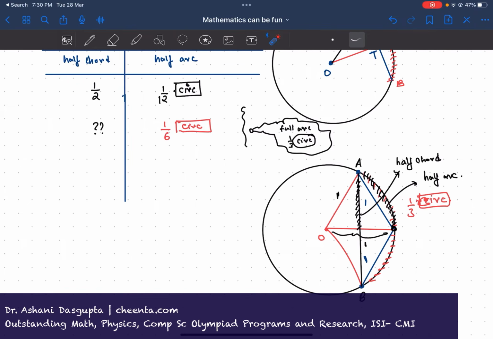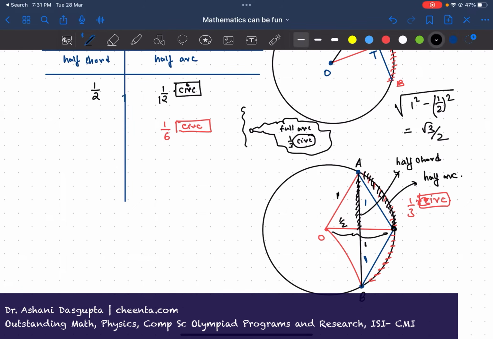And by symmetry, this is just a perpendicular bisector of an equilateral triangle. So this little portion is half. So if this is half and this is 1, then this much is just by Pythagoras theorem, square root of 1 square minus half square, which is square root of 3/2.